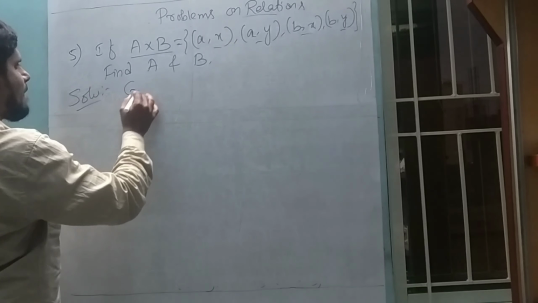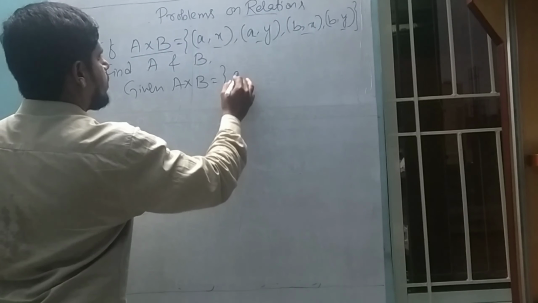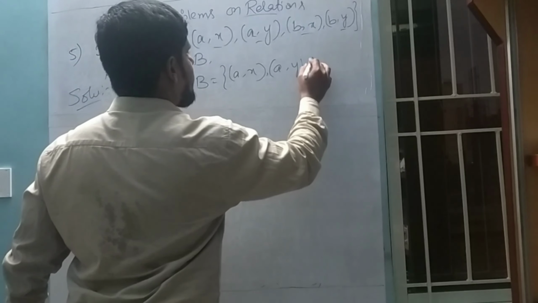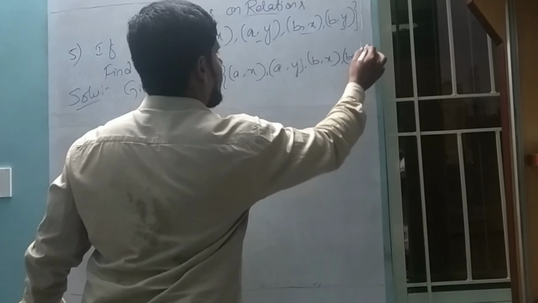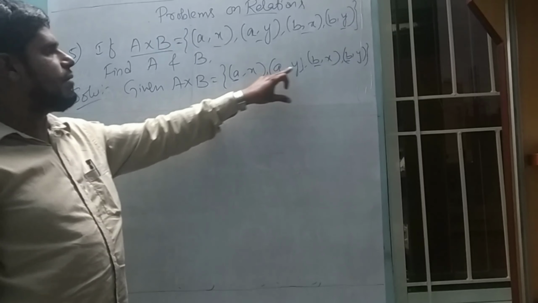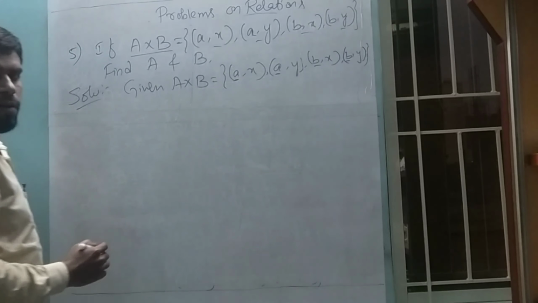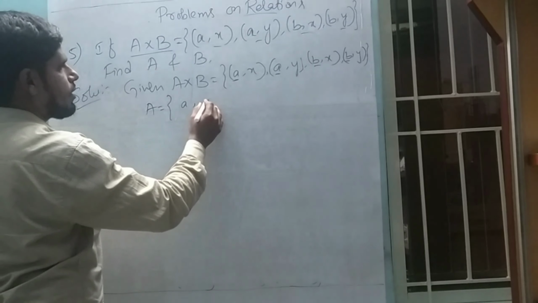Solution: given A cross B, that is A Cartesian B, equals (a,x), (a,y), (b,x), (b,y). Here the first elements of an ordered pair belong to the first set. Here the first set is A, and the second elements of an ordered pair belong to the second set. That's what we saw in the previous problems. So here set A equals {a, b}, writing each only one time.